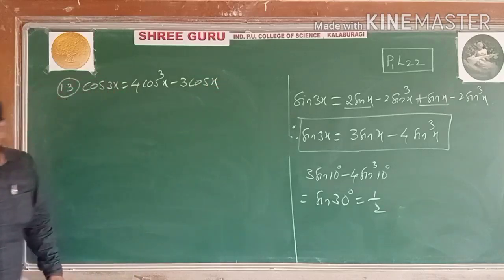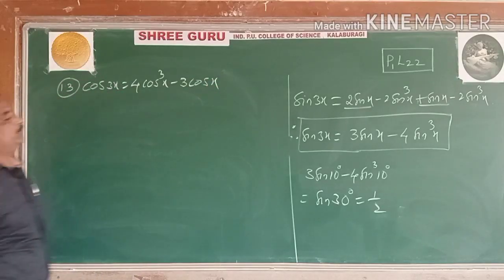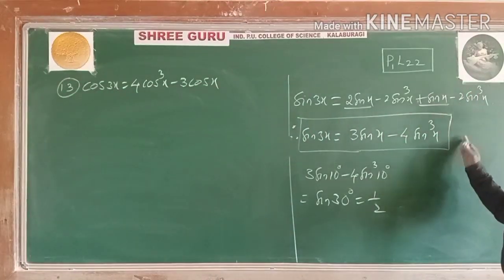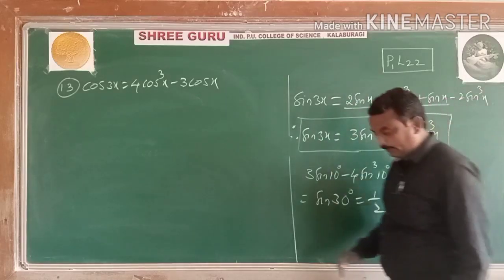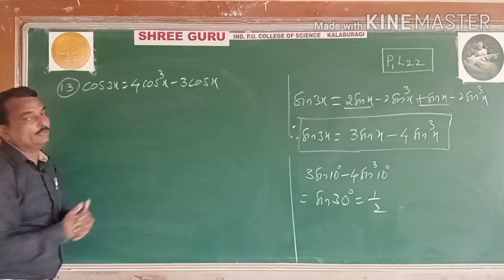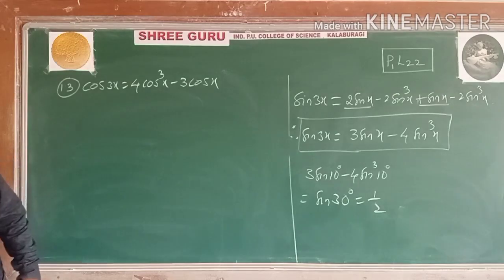See the difference between that cos formula and the sin formula: 3 sin x minus 4 sin cube x, and 4 cos cube x minus 3 cos x. You have to remember that difference. You have to remember all the formulas, students.